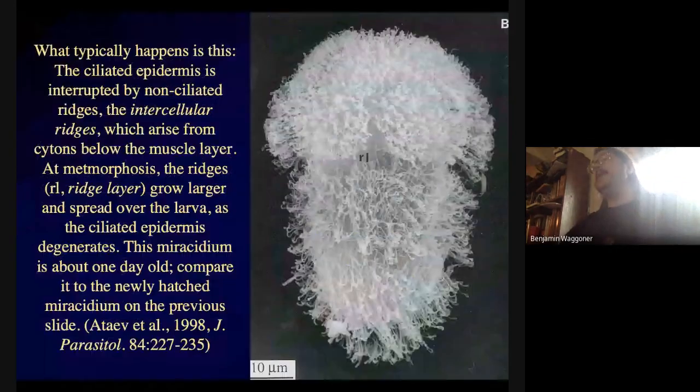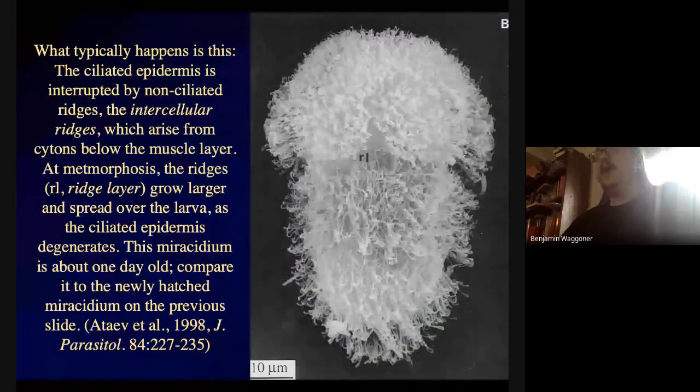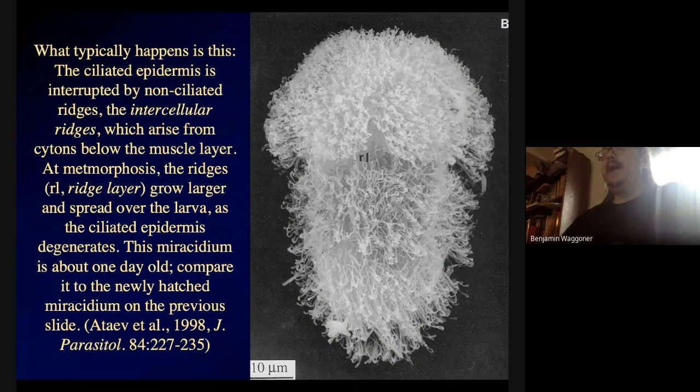Here's one about a day later, and right about in the center where you see the letters RL, that stands for ridge layer, and that marks an intercellular ridge, which is right where the cytons are pushing up through the muscle layer and creating that layer of syncytium.